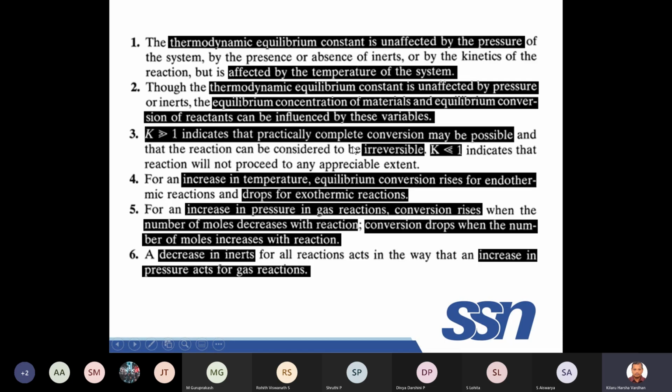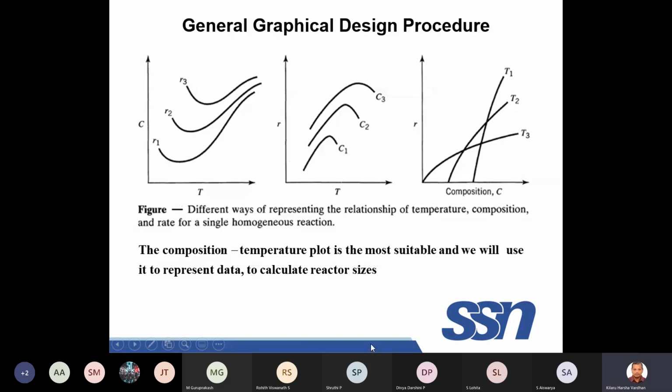Right? So with that, there are three graphical procedures. You can see there are three variables here: concentration, temperature, and rate. Two variables you can put on a graph, but the third variable you have to keep constant.